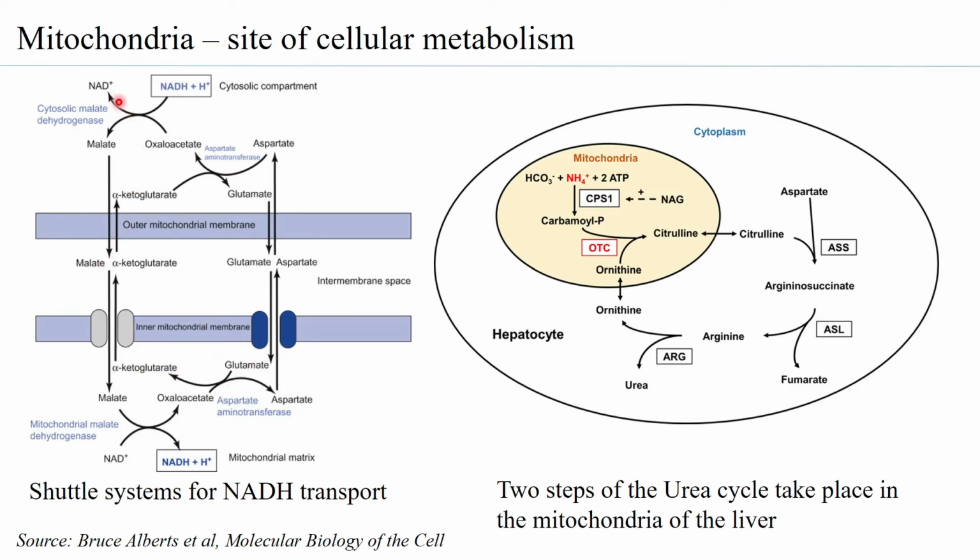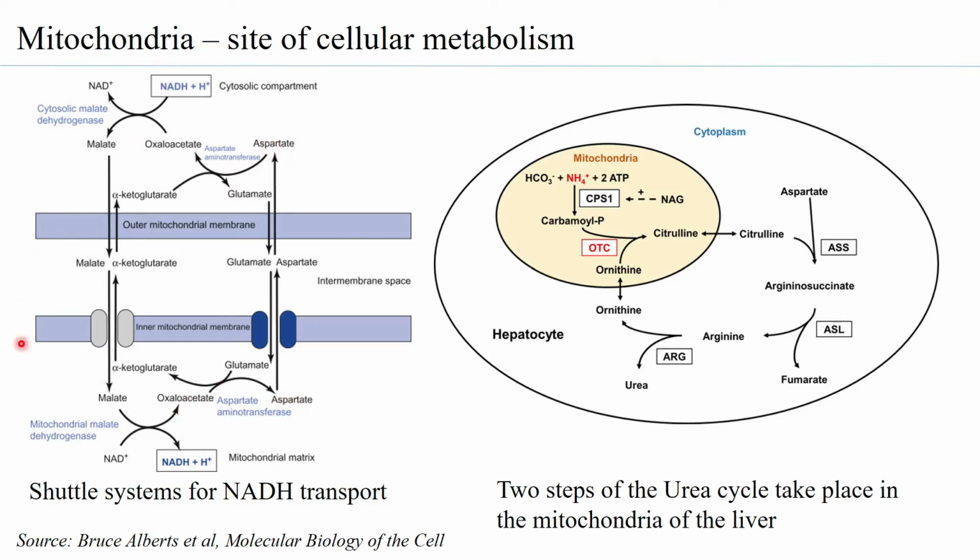As you can see over here, NADH and oxaloacetate gives rise to malate. Malate through a transporter is brought into the matrix. There it is converted back into oxaloacetate, and in the process you get mitochondrial NADH plus H plus. Now this NADH plus H plus will obviously give its electrons and protons to the electron transport system. This oxaloacetate is now going to go back in the form of aspartate.